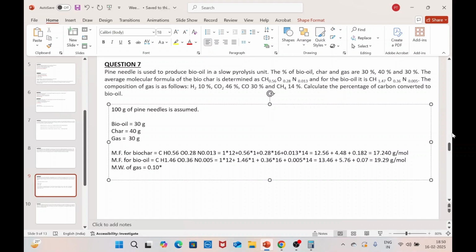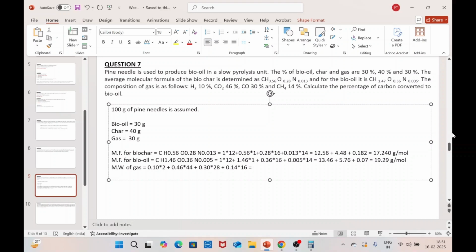So for the gas it would be 0.1 times hydrogen gas 2, 0.46 times carbon dioxide 44, plus carbon monoxide 0.30 times 28, plus 0.14 times 16.